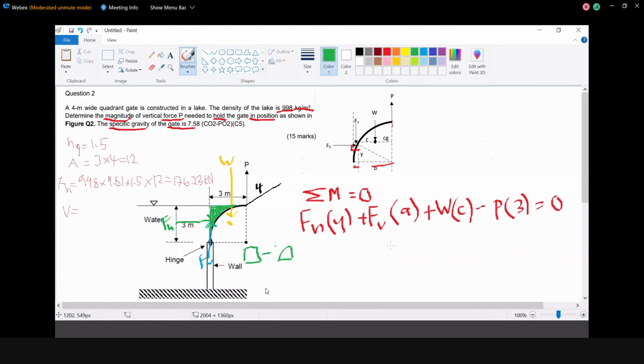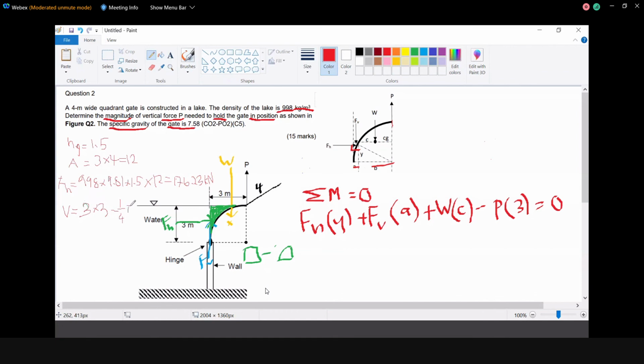Okay. So, luas petak ni adalah 3 darab 3, betul? Betul. So, hijau pula. 3 darab 3. Tolak. Luas kuadran macam mana? 1/4 pi r squared.